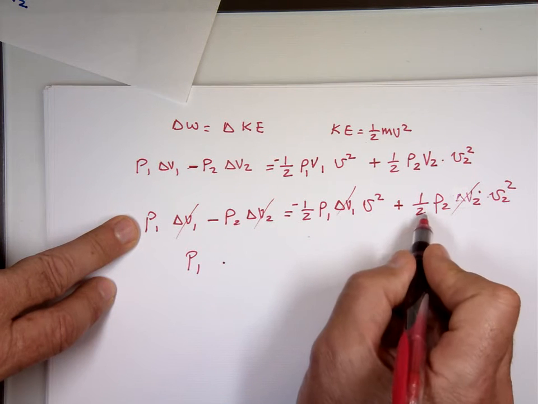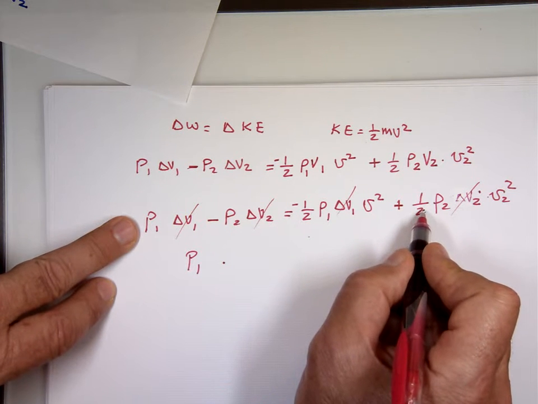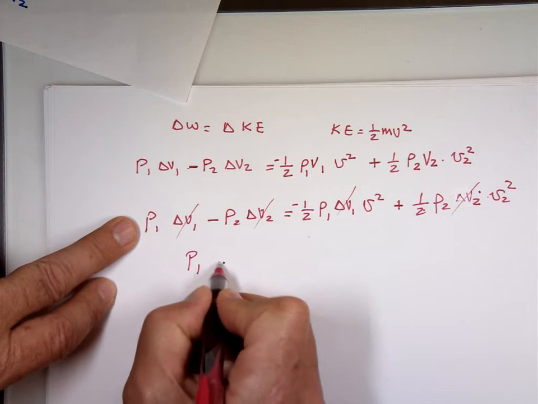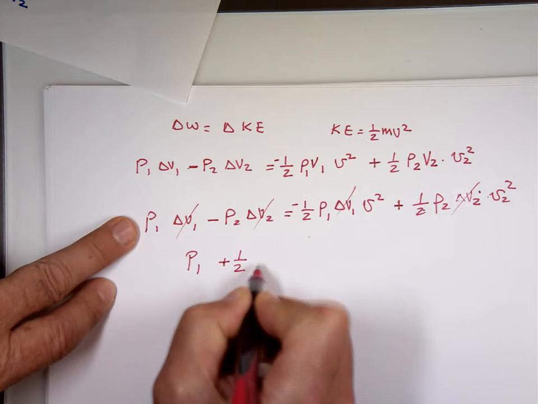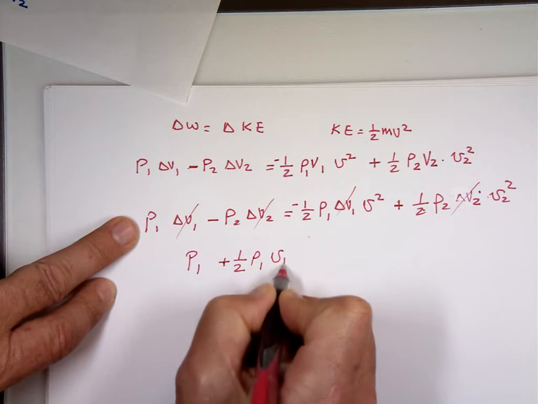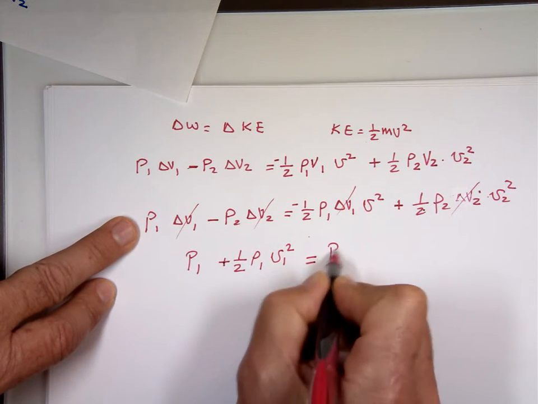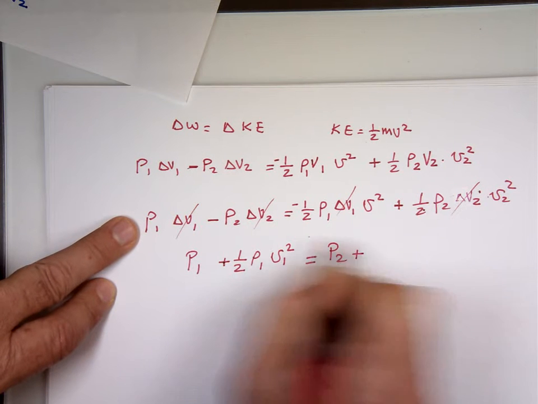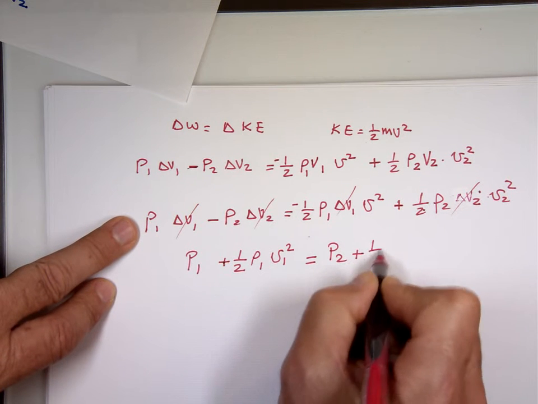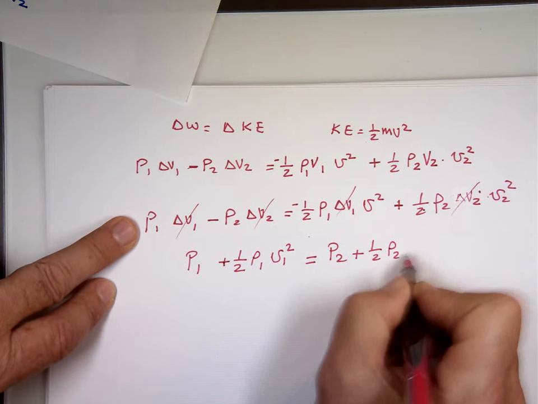P1 equals, let's put the P1 together. When you bring this to this side, it becomes plus 1/2 rho 1 V1 squared equals, move the P2 to this side, that's pressure 2 plus 1/2 rho 2 times the velocity squared.